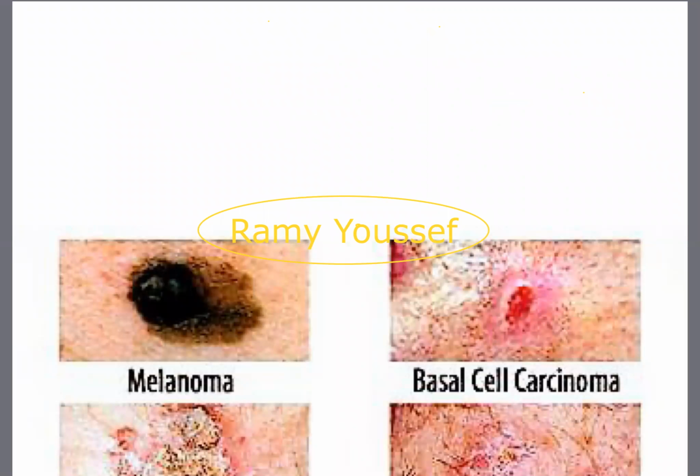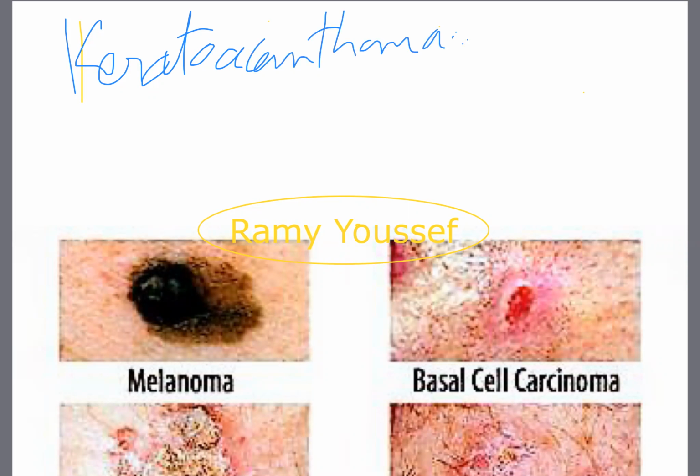The other one, most common in the exam, is what is called keratoacanthoma. Keratoacanthoma is a lesion that happens sometimes mostly in the face and mimics squamous cell carcinoma.